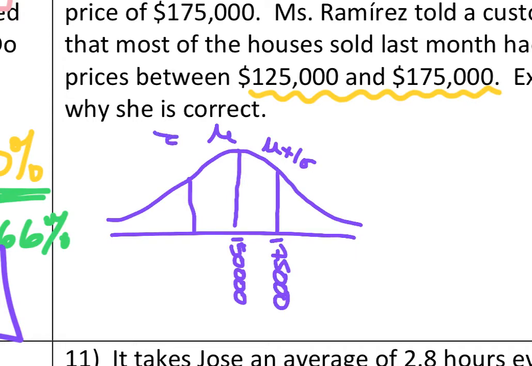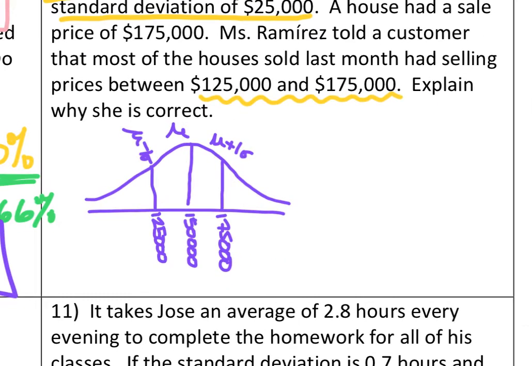And the mean minus 1 standard deviation is going to be 125,000. And those are the numbers here that the real estate agent quoted.